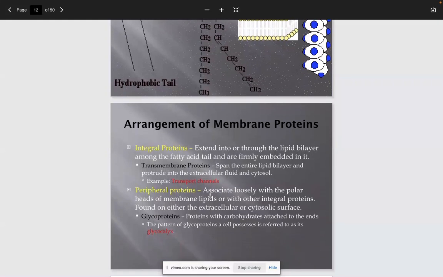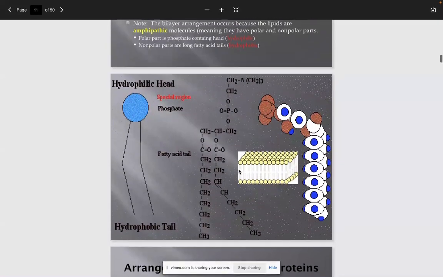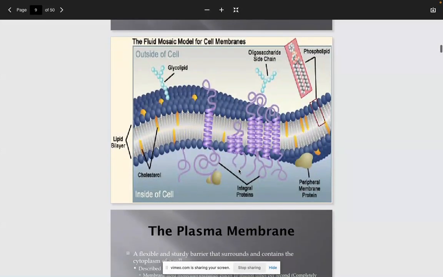Remember I said that there are a few different important proteins. You have the integral, which are trans, meaning on both sides, membrane. Transmembrane proteins. These span the entire lipid bilayer and protrude into the extracellular fluid and the cytosol. An example of these is transport channels. Let's go back up to this picture and see what we're talking about. This is an integral protein.